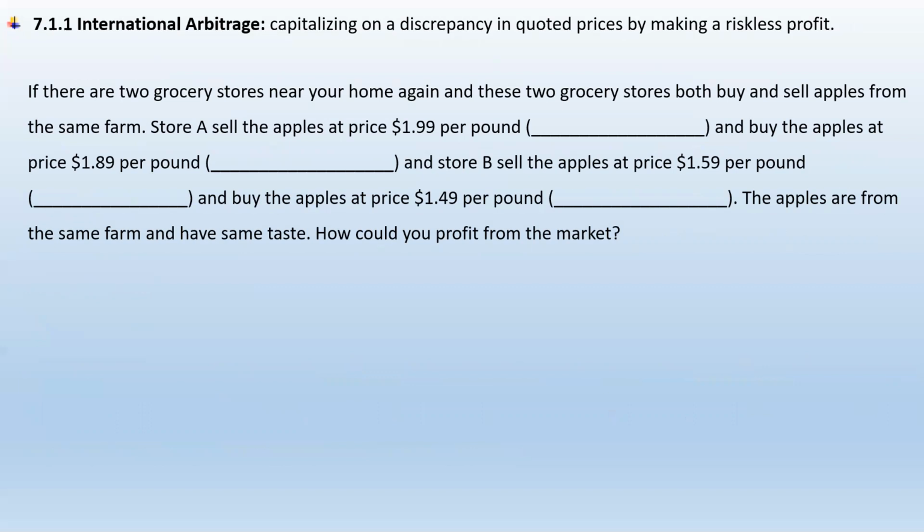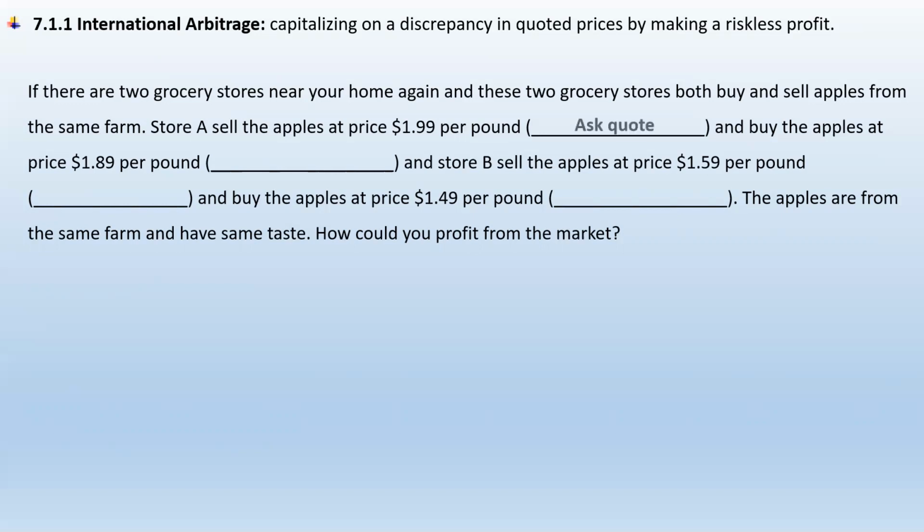This is the case if we trade, those are not two grocery stores, those are two markets, and you can freely buy and sell in each store or in each market. Of course, the store can make money just like the bank: they will buy at a lower price, which is the bid price, and sell at a higher price. Store A will sell apples at a price of 1.99.